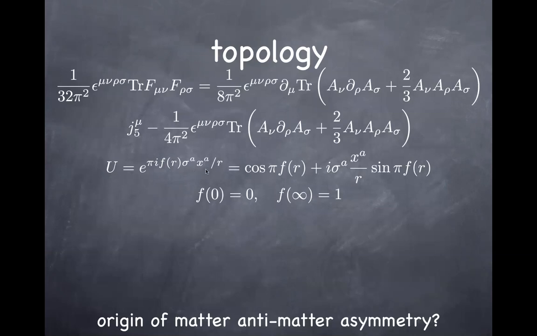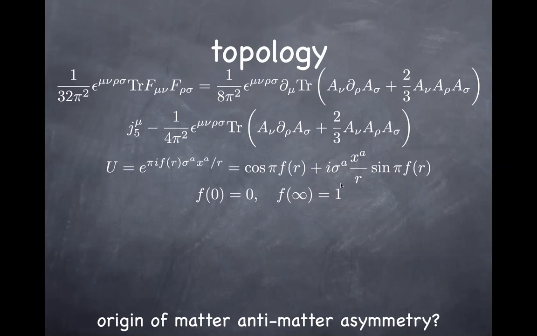You can actually see it by really working out the Taylor series expansion of the exponent. What you notice is that σ^a x^a, if you square it, turns out to be just r squared, because of the anti-commutator of σ^a σ^b being 2δ^ab. So σ^a x^a, when you square it, turns into just a number. Every even power turns into numbers, and they add up to cosine.